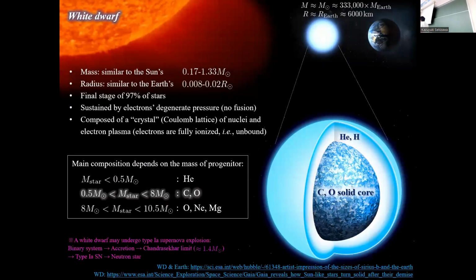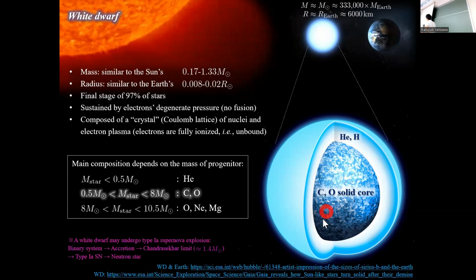And here I just mentioned, in the case of a binary system with a white dwarf and some other star, like a red giant, some matter can be transferred from one star to the white dwarf.